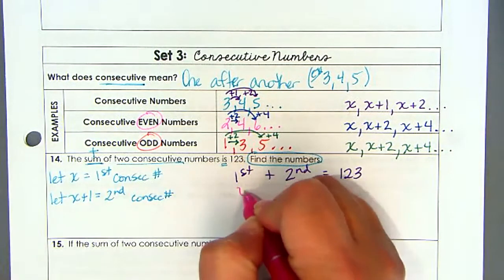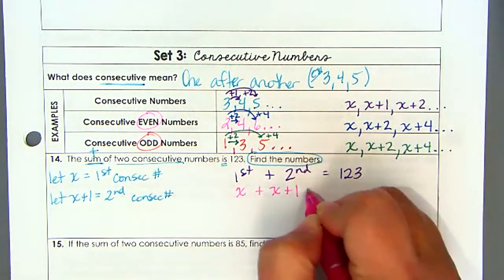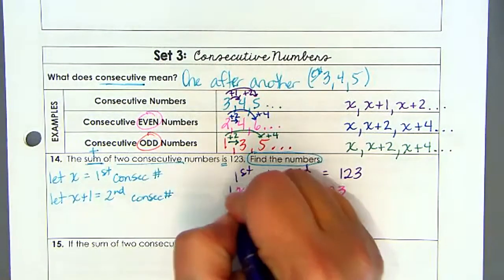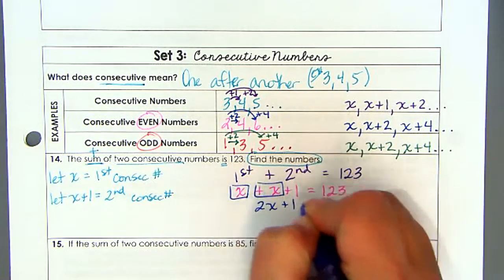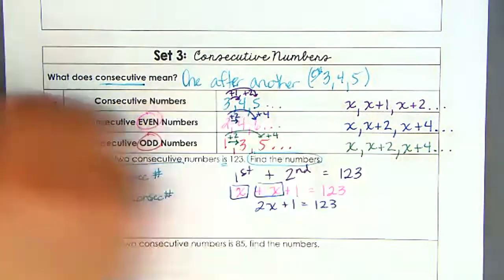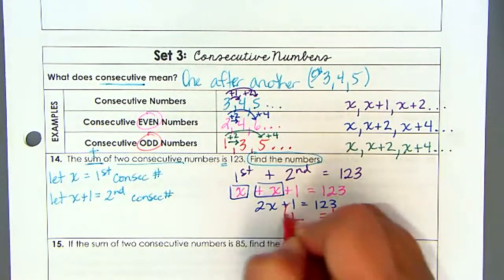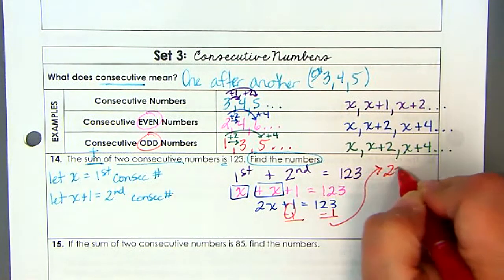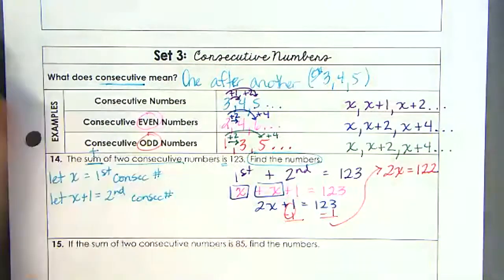Now I plug in my numbers. The first is x, the second is x plus 1, equals 123. Combine my like terms, and I now have 2x plus 1 equals 123. Subtract 1, and I have 2x equals 122.